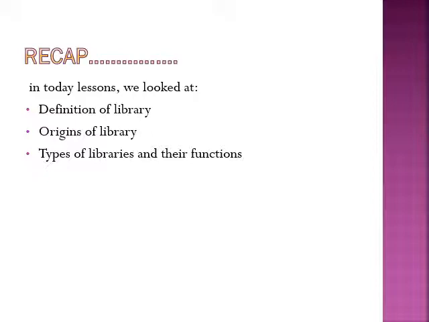That is academic libraries, those libraries located within academic institutions such as universities, polytechnics, and colleges of education. We also talked about special or research libraries, those libraries that focus on a particular group with a specialized or specific interest.